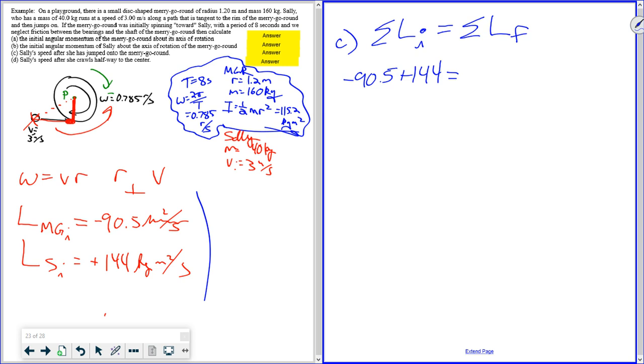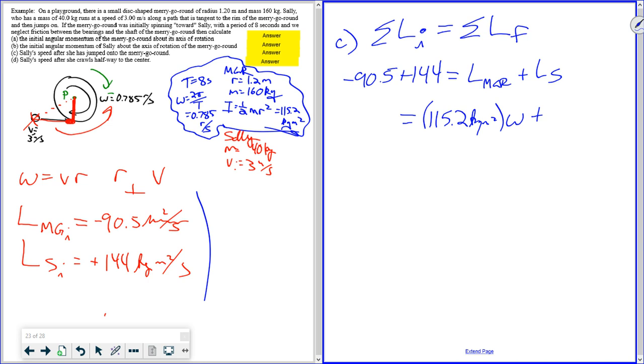So let's write this out in steps. Angular momentum of the merry-go-round afterwards plus angular momentum of Sally afterwards, right? So angular momentum of the merry-go-round is I, 115.2 kilogram meters squared times some omega, plus the angular momentum of Sally. So I could write MVR, right? That was what I just said.